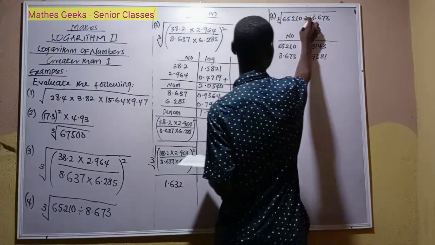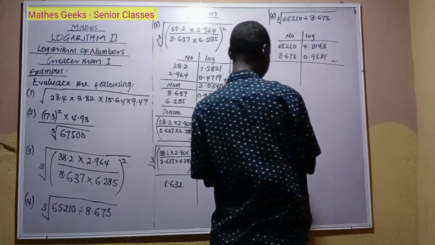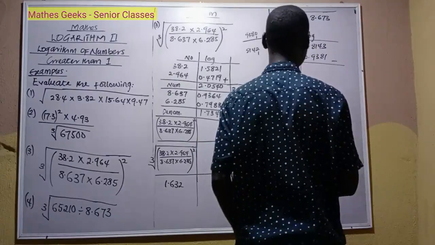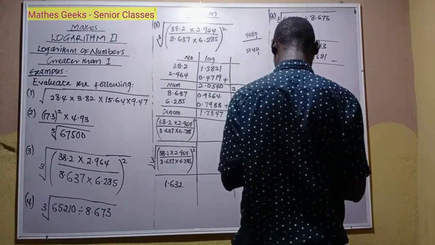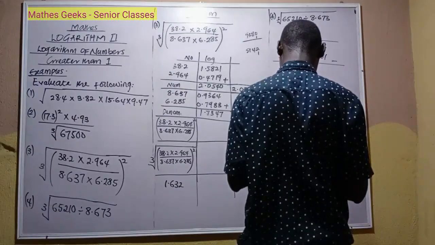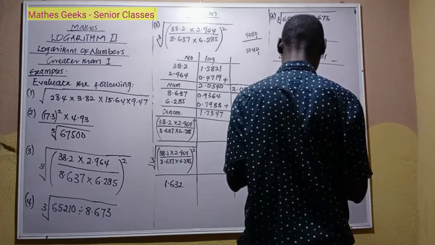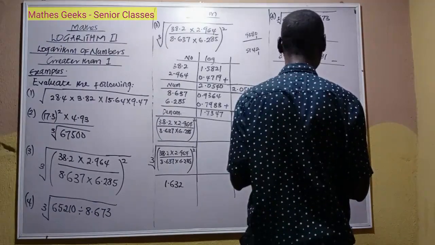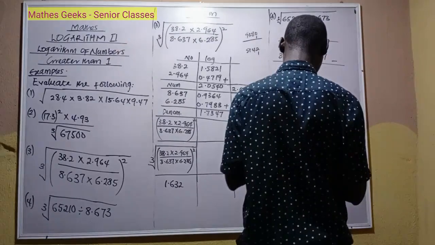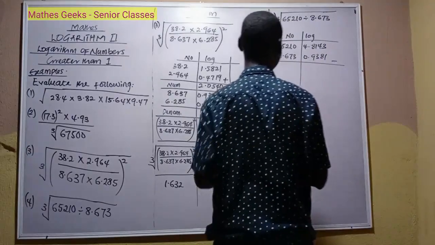So since we have division here, let me subtract. 4.8143 minus 0.9381 will give us 3.8762.